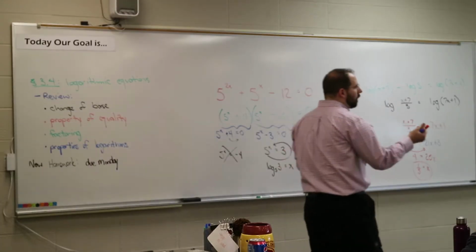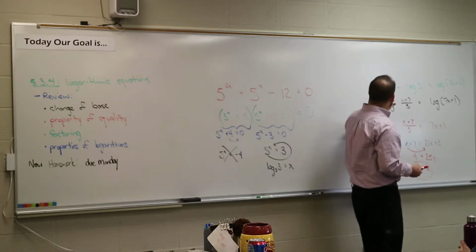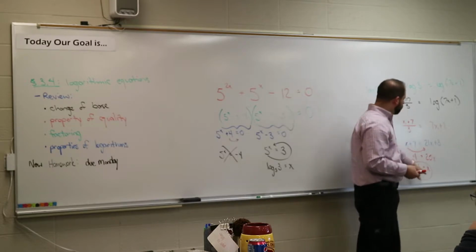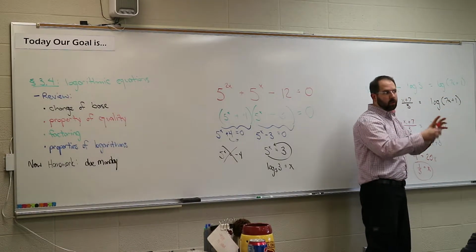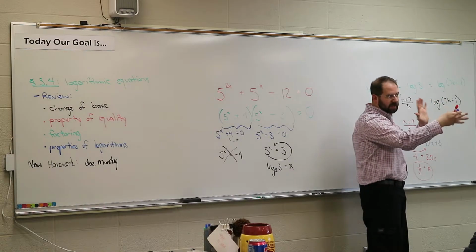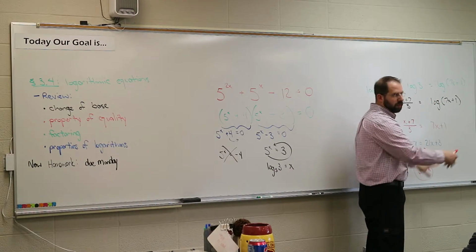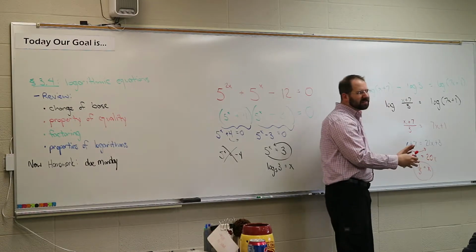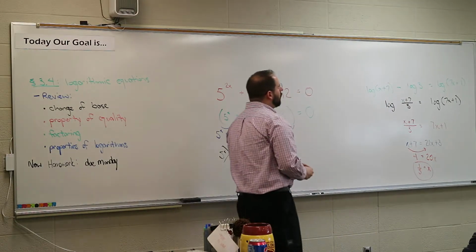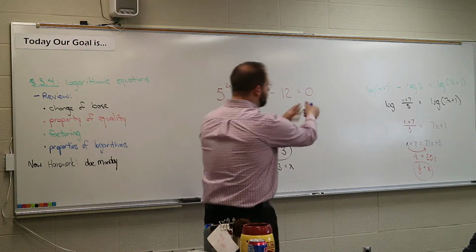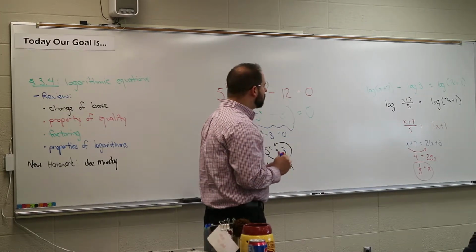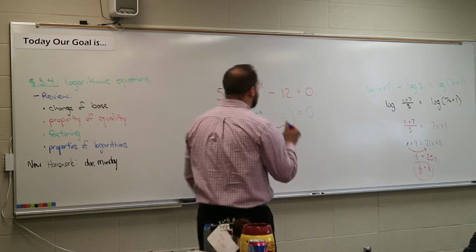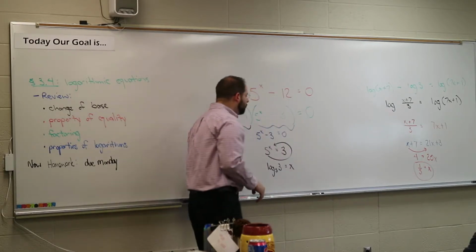If this turned out to be negative, like a really large negative number, then you can't do that, because you can't take a logarithm of a negative number, so you'd have to throw that answer out. For mine, it's positive, so it's probably the right answer. Now if you want to check, you could always plug it in and type it in your calculator, but I'm not going to require that as long as it doesn't turn out to be negative. But those are the types of examples that we have.